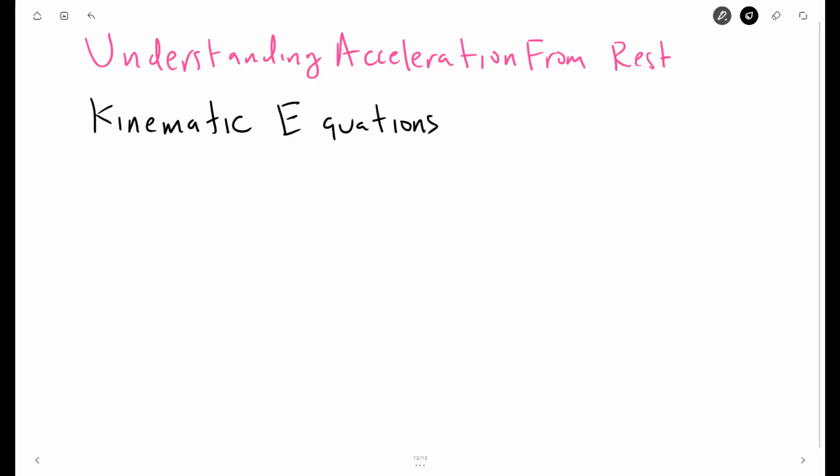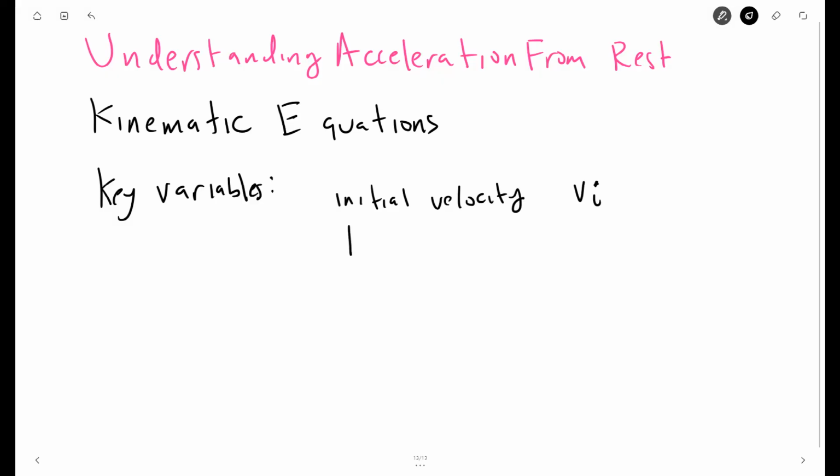Before I give you the equations, we're going to define the variables. So the key variables. Initial velocity, we're going to call it VI.